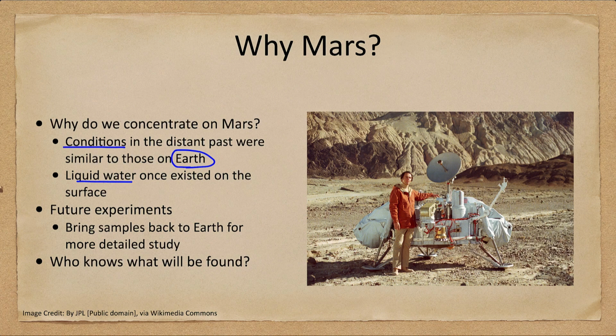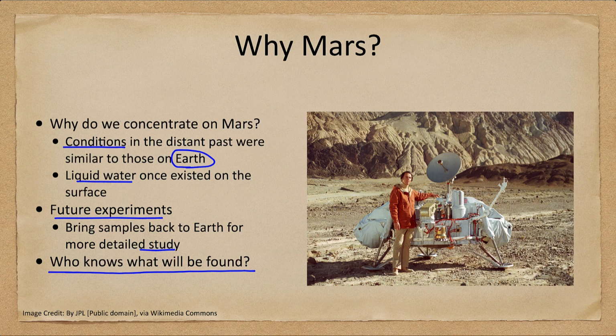But here, really, Mars is probably the best bet right now to find if there is currently any kind of simple life, or even if there was some in the past. Future experiments are planned to bring samples back to Earth for a more detailed study. And of course, who knows what might be found.